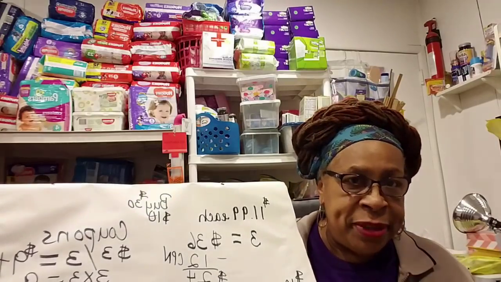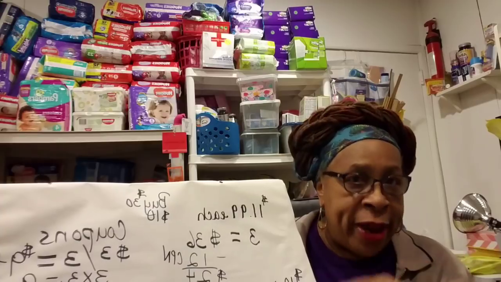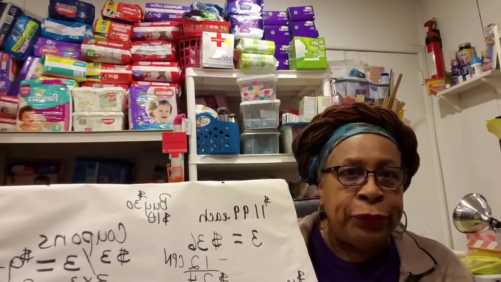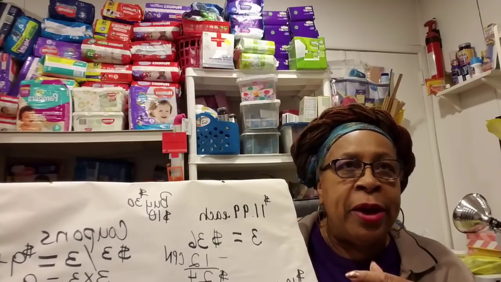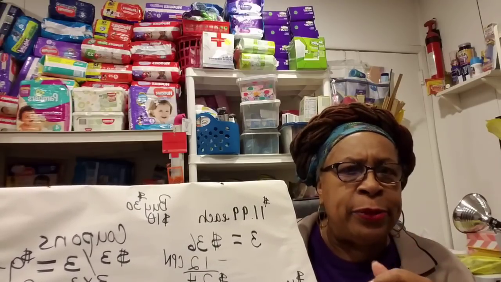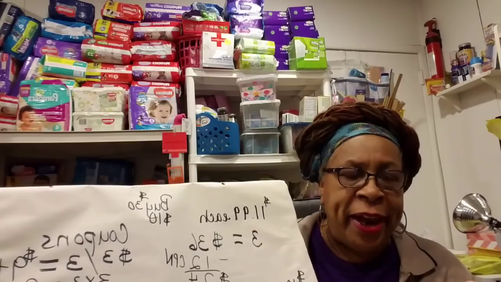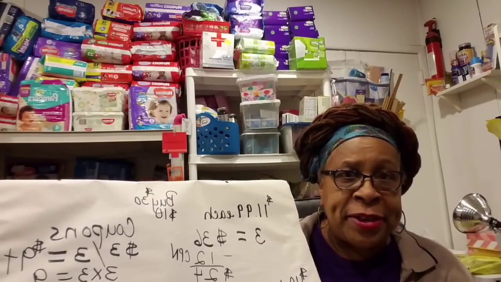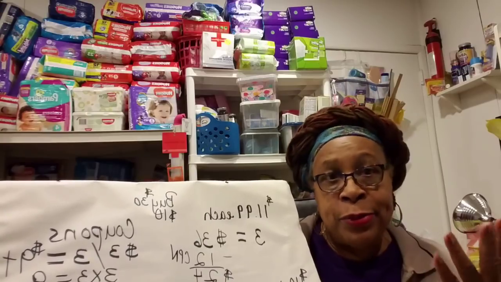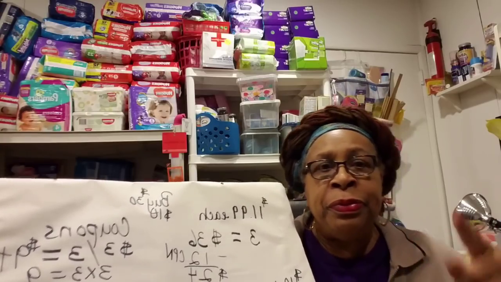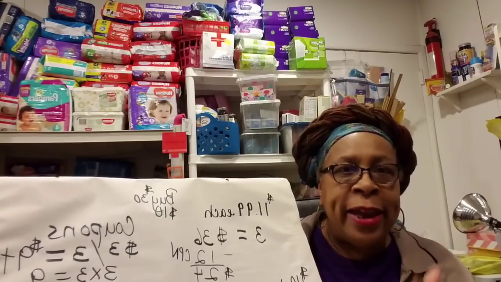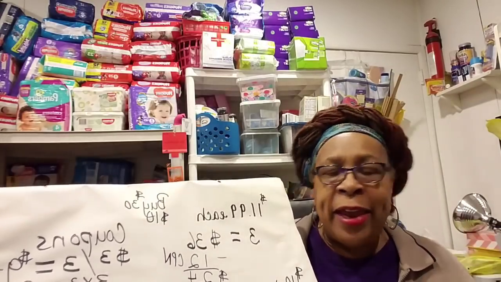I got those coupons from CVS. Then I also had another coupon where you get an additional $3 off when you buy, I believe it was $18 worth. It could have been $14, but I'll say $18. When you buy $18, and because I had $36 worth of the product, I wasn't worried. I knew that coupon was going to work. So altogether, I had $12 in coupons that I could use.